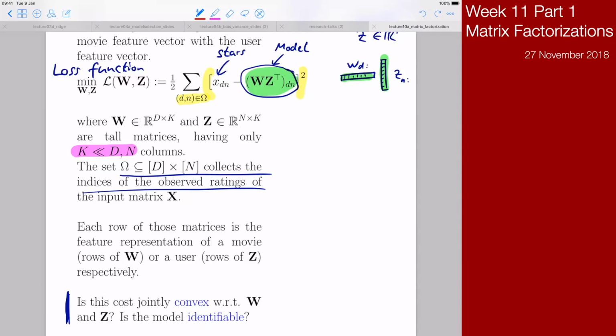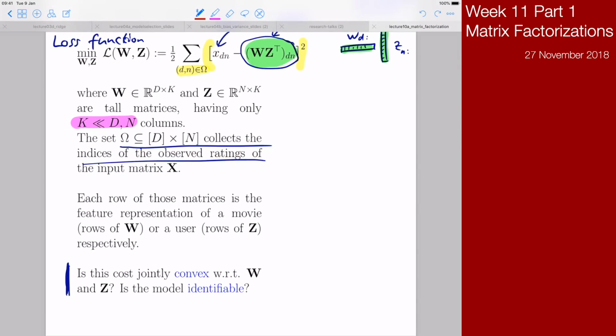Why? Because it depends only on the product of the two variables, right? I give you W and Z, but given that, you could just shrink one of them by 10 and multiply the other by 10. Then their product is unchanged, but now I have a different pair of W and Z. So this is about identifiability: it's not identifiable.